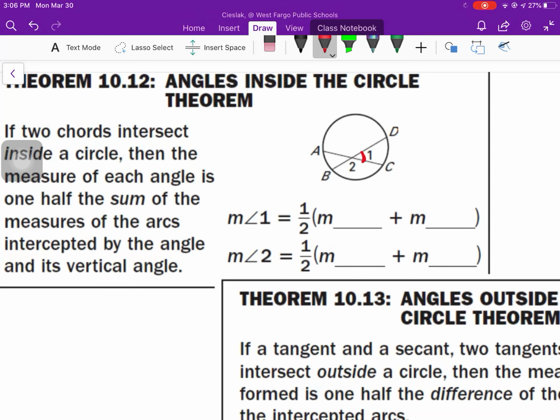So the measure of angle 1 right here is equal to 1/2 times the measure of arc DC, that is its intercepted arc, plus the measure of the arc intercepted by the vertical angle to it, this one right here, arc AB.